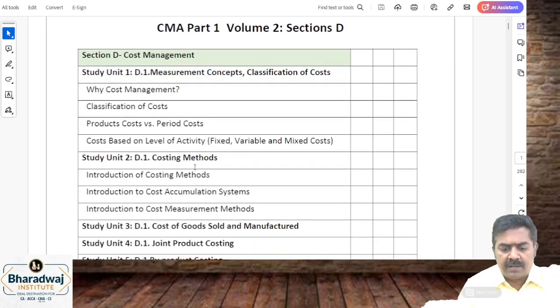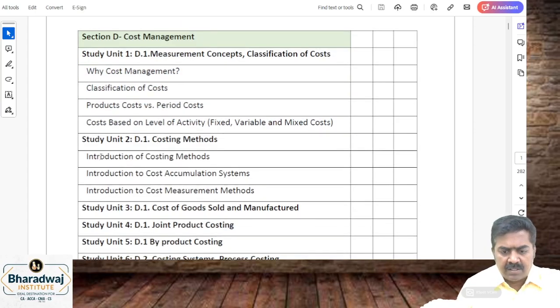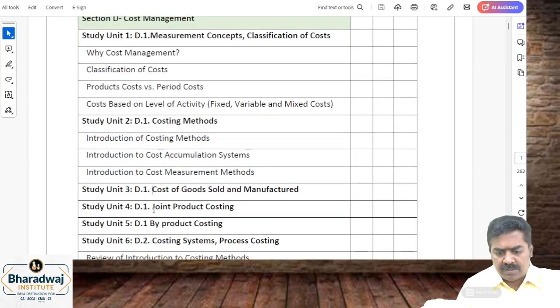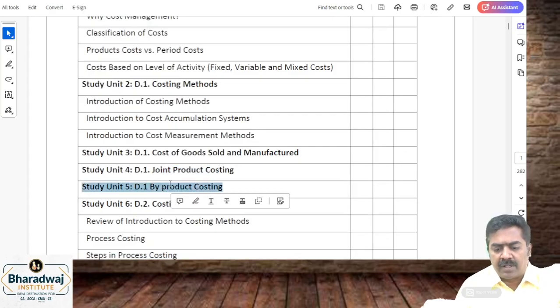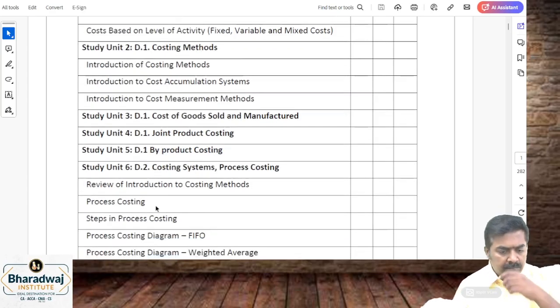Dear students, we have seen what is classification of cost. Fixed, variable, mixed cost we have seen. Costing methods, process costing we have seen. Cost of goods manufactured also we had seen. How to assign cost for joint products and byproducts we had seen.